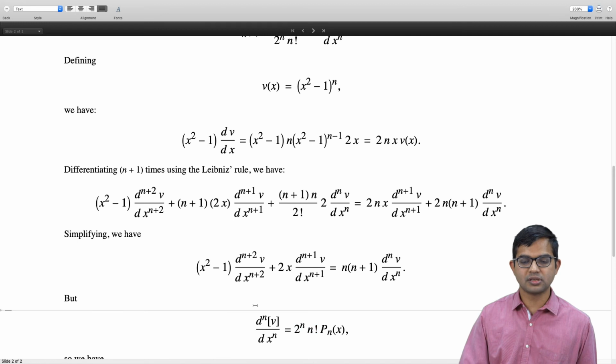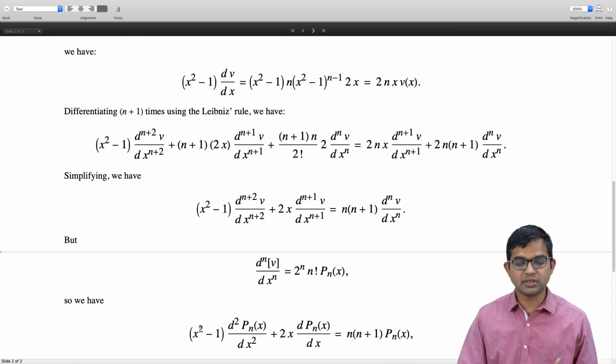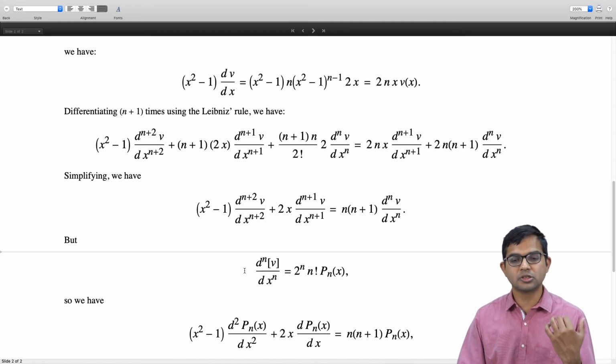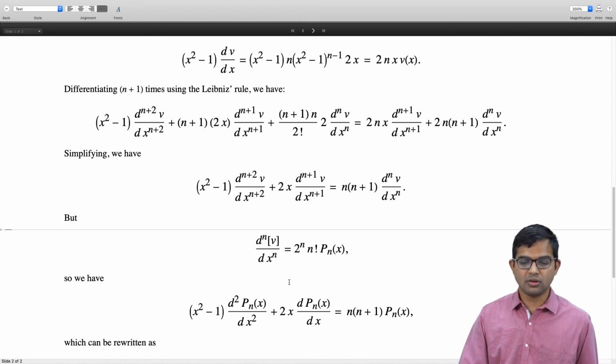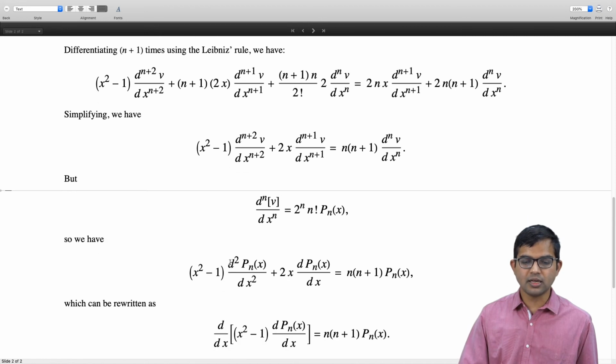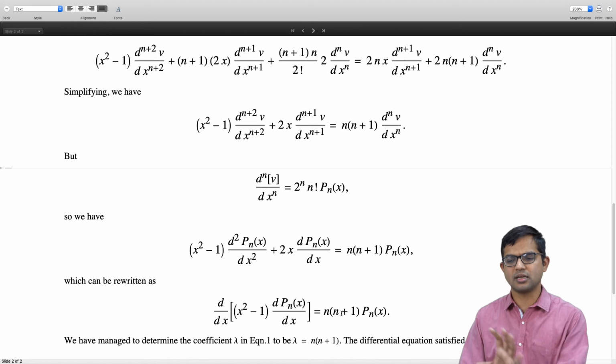So all of that will just get cancelled on both sides, and so effectively you're just left with this equation: x squared minus 1 times d squared Pn of x divided by dx squared plus 2x times the first derivative of Pn of x with respect to x is equal to n times n plus 1 times Pn of x. Now this can of course be rewritten as d by dx of x squared minus 1 times dPn of x divided by dx equal to the right hand side as it is.